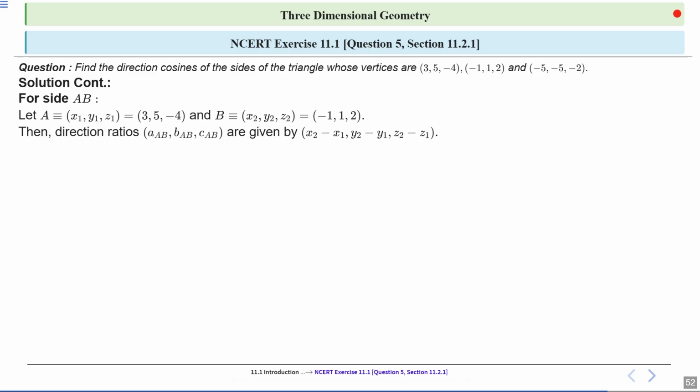Then direction ratios AAB, BAB, CAB are given by x2 minus x1, y2 minus y1, z2 minus z1.